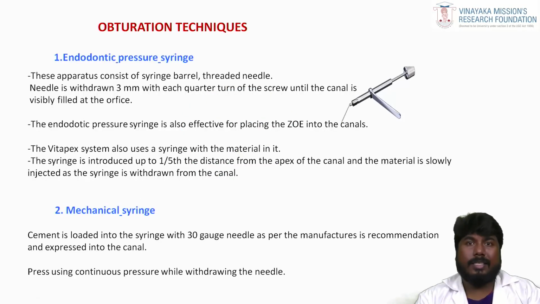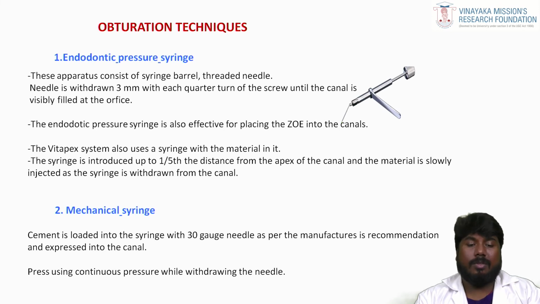How will you place the obturating material into the canals? This is the obturating technique. Endodontic pressure syringe. This apparatus consists of a syringe barrel, thread and needle. The needle is withdrawn 3 mm with each quarter turn of the screw until the canal is visibly filled at the orifice. The endodontic pressure syringe is also effective for placing ZOE, that is zinc oxide eugenol, into the canals.